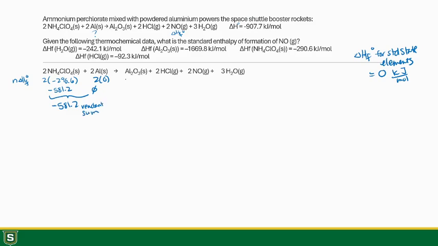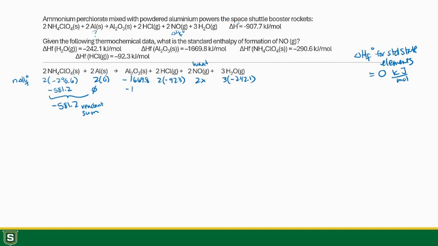Now over here, I have one of the aluminum oxide. So that's going to be 1 times negative 1669.8, 2 times negative 92.3. This we're going to call 2x because this is what I want, the enthalpy of formation. So I'm going to say 2x, and then this is 3 times negative 242.1.